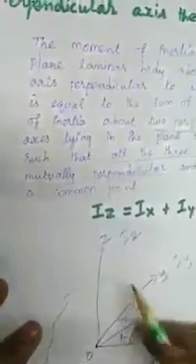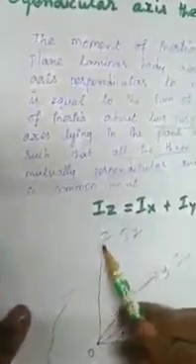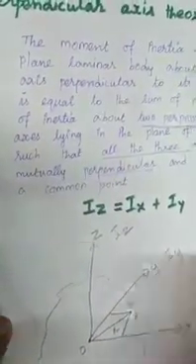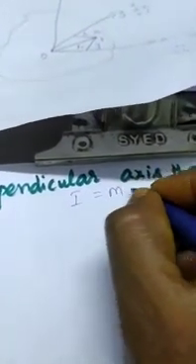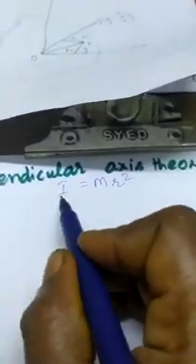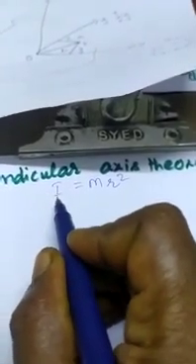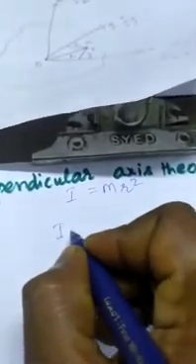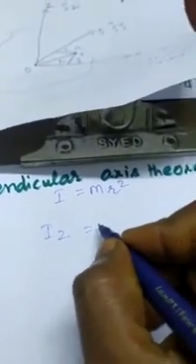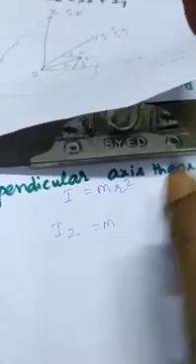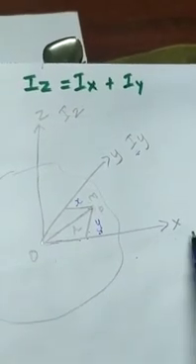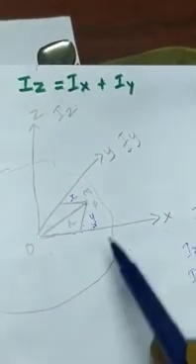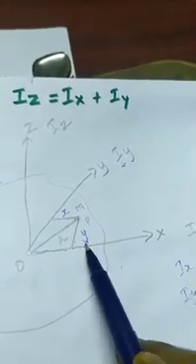Now we calculate the moment of inertia about the Z axis. We know the common formula I is equal to M into R squared. So for the Z axis, Iz is equal to M R squared, where M is the mass and R is the distance. Now we come to the point P. This is the X axis. The object starts to rotate about the X axis; it covers the Y distance.